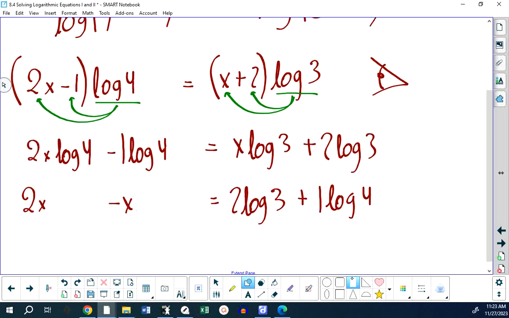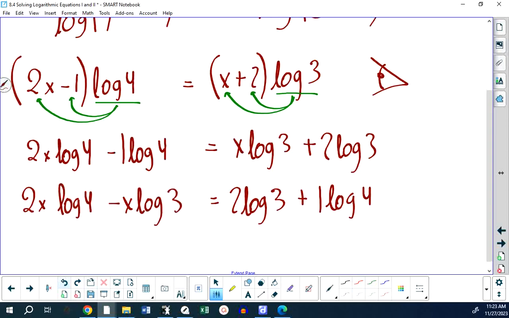Imagine that it was that. 12x minus 7, you'd say 5x, wouldn't you? But that doesn't work here because of those pesky logarithms. And I'm not asking you to think that way.